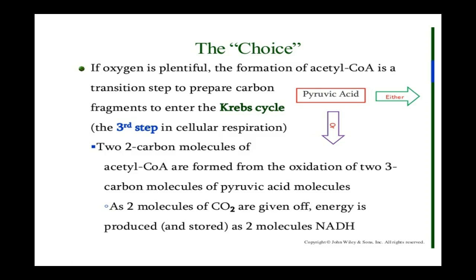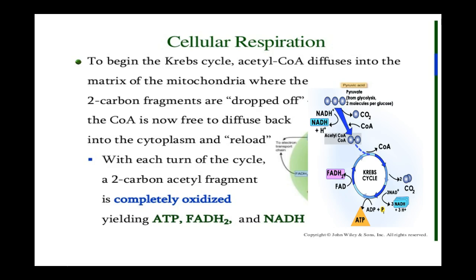So energy is produced and stored as 2 molecules of NADH. Eventually that H is going to allow an electron to go into the electron transport chain, which is where most of the ATP is going to be produced, and that NAD will live again to go through the cycle again to pick up another electron and move it through again.